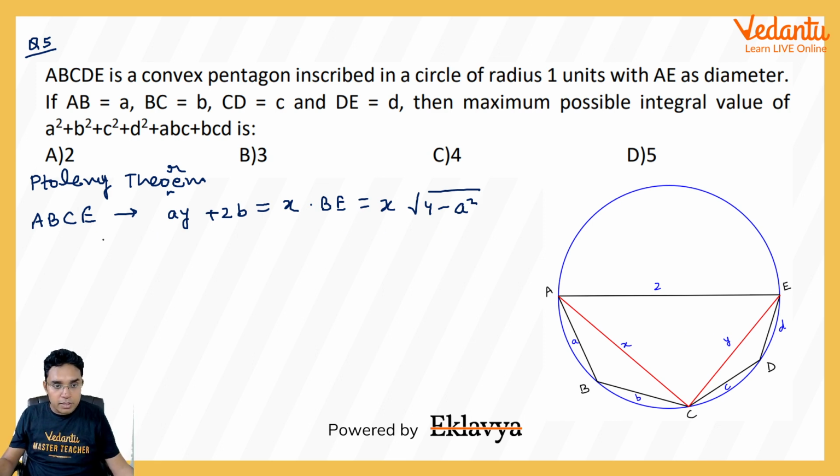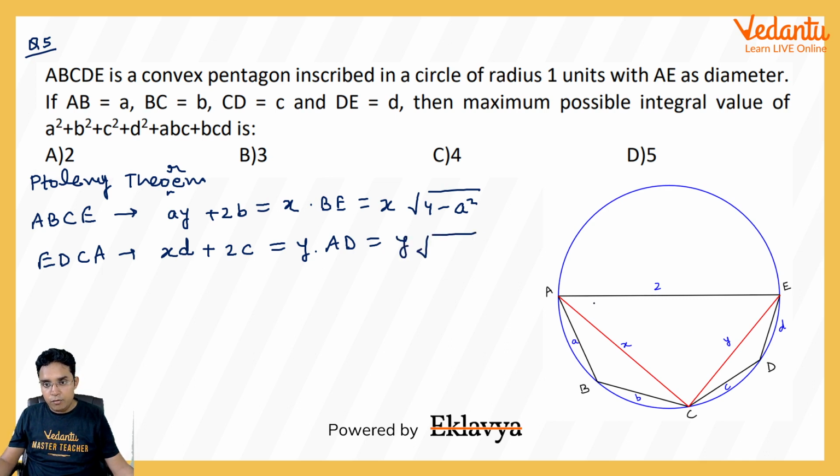Okay, now similar to this, instead of ABCE, let me take from this side, so EDCA. If I take EDCA, then here it would be x into d and 2 into c, and that will be equal to y into the diagonal here, which will be AD, and I can write this as y into root over 4 minus d square.